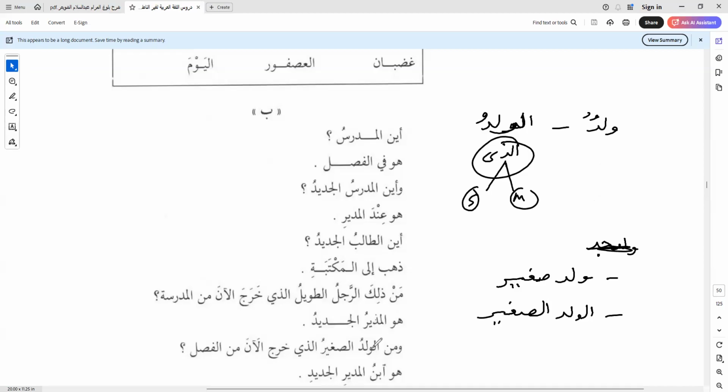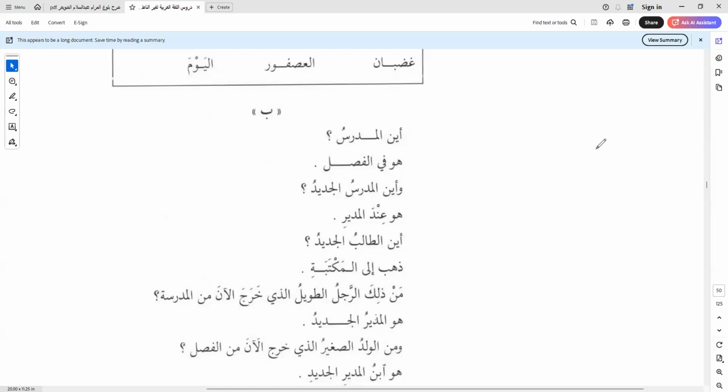So if the noun is definite, then the adjective must be definite. If the noun is not definite, then the adjective is not. Again, I write waladun. I'm going to say a little boy or small boy. Then I have to say waladun صغير. So you see that my noun is what?